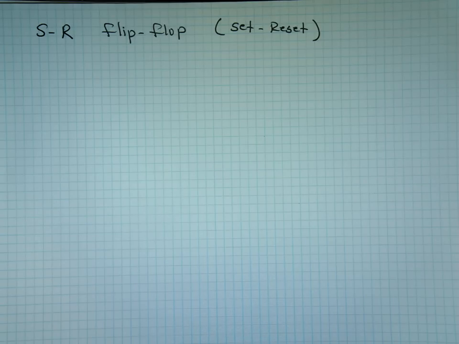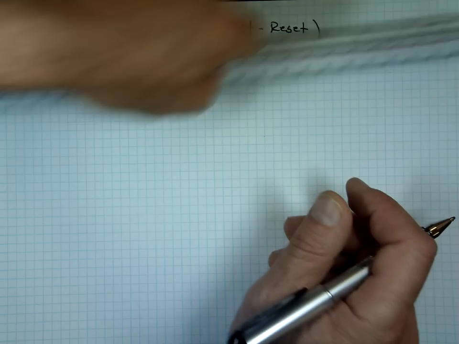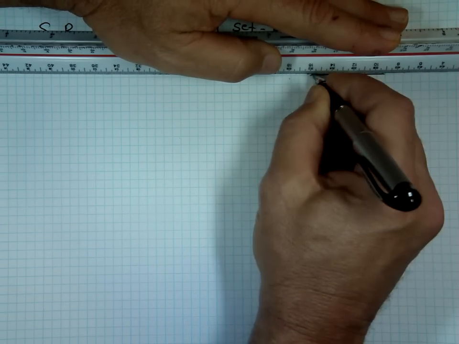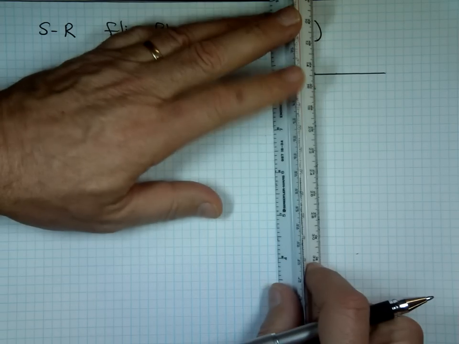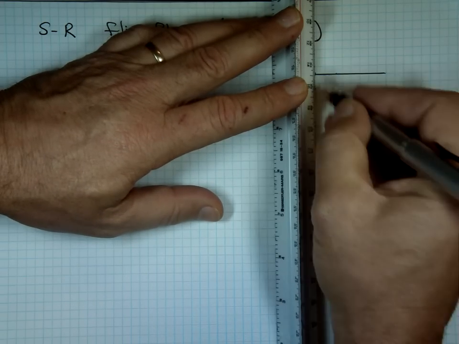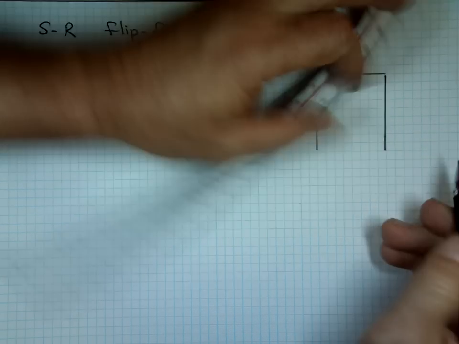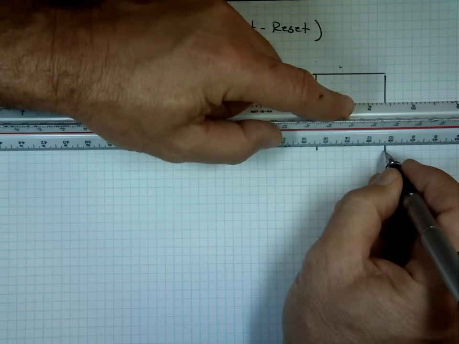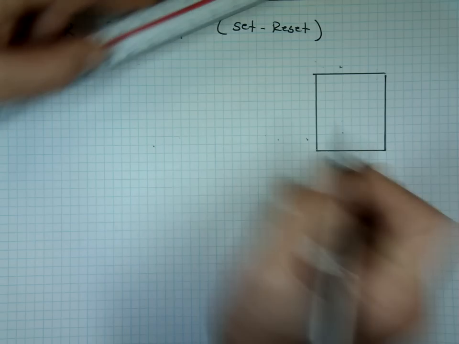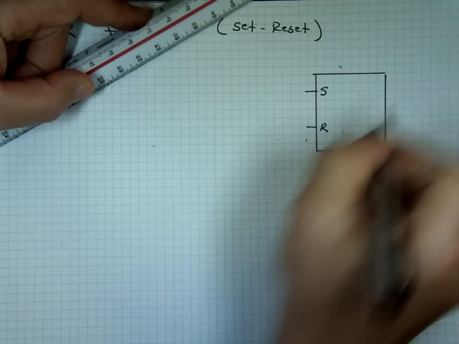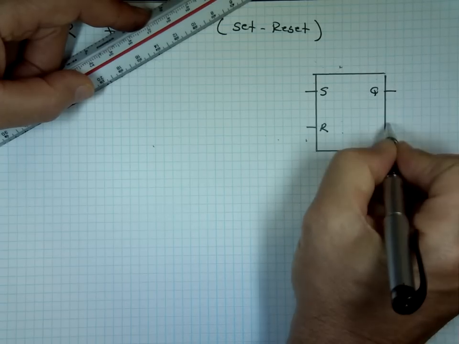And again, you have a clock, and it could be on the rising or falling edge. It has 2 outputs. All flip-flops have 2 outputs. It has a clock here.